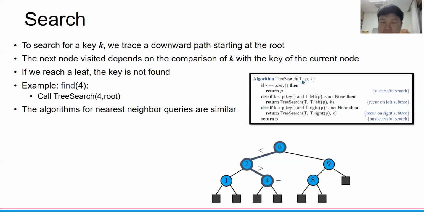I have T and then P and then k. P refers to the current node in the map, and k is the number that I want to find.